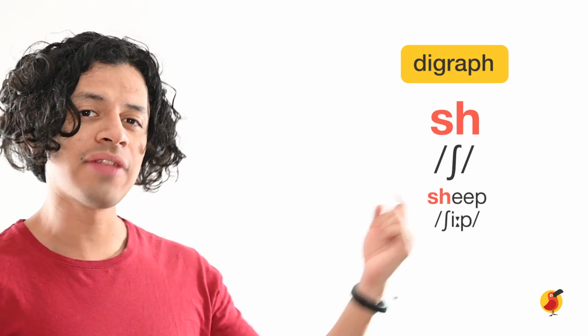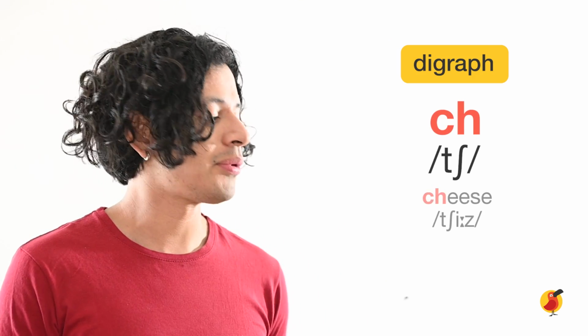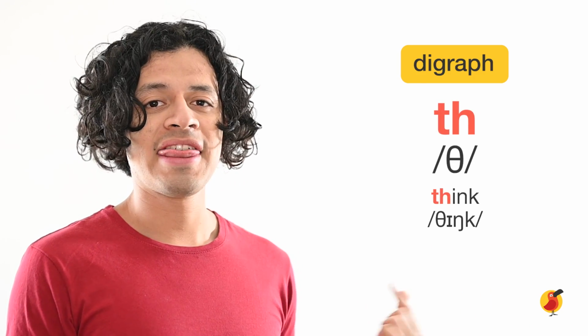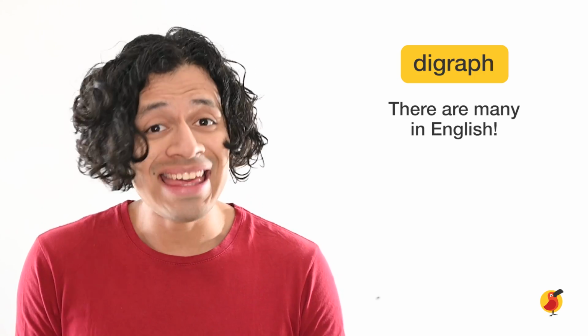S and H together make a sh sound. Or, for example, CH, ch. And of course, TH, th. Okay, that's a digraph. The thing is, English has many digraphs, and they can be somewhat confusing.